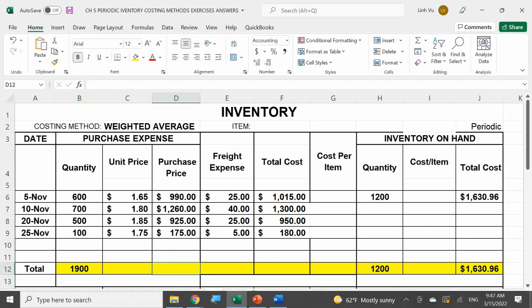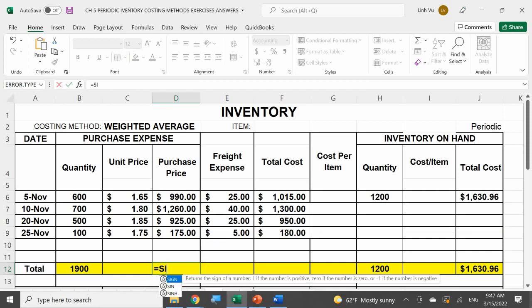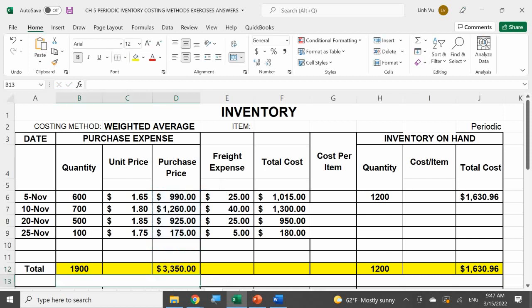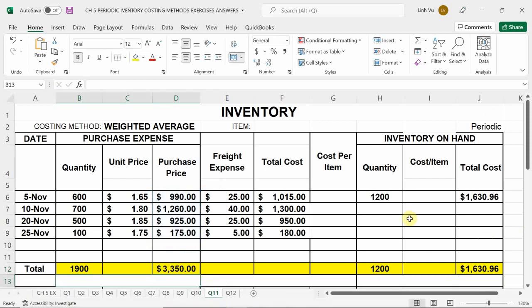How much did I buy my items for? Is it 3,350? Okay, what's my total freight? 95. So then that will bring my total cost to be 3,445.